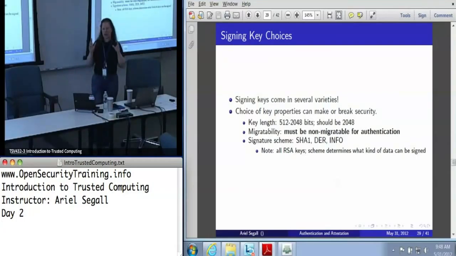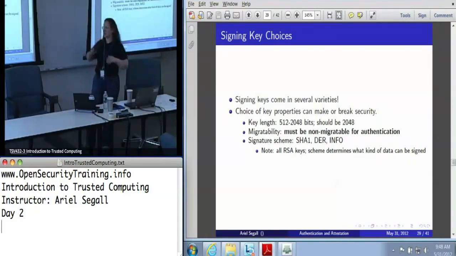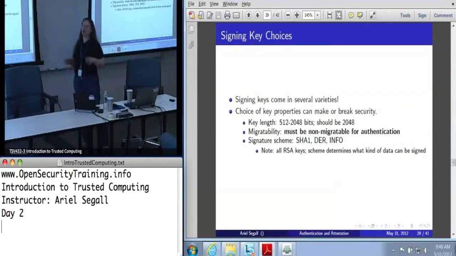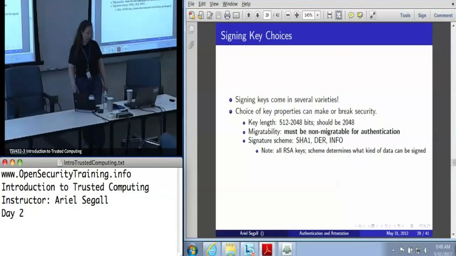Again, even though those are certifiable, you don't want to use them for machine authentication because saying this came from some set of trusted machines is usually not what you want with machine authentication. There may be some special use cases if you're doing server clusters, but realistically, when we're talking about machine authentication, most people mean I want to know exactly which machine I'm talking to, and for that purpose, you really want a non-migratable key, whether it's certified or not.